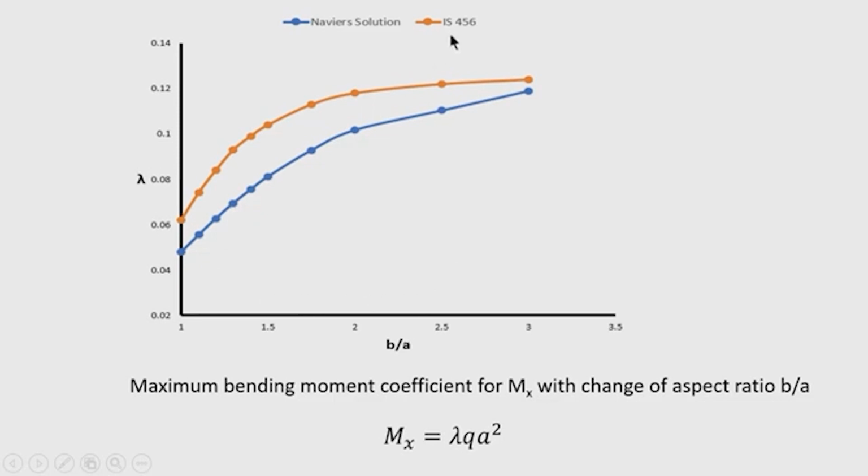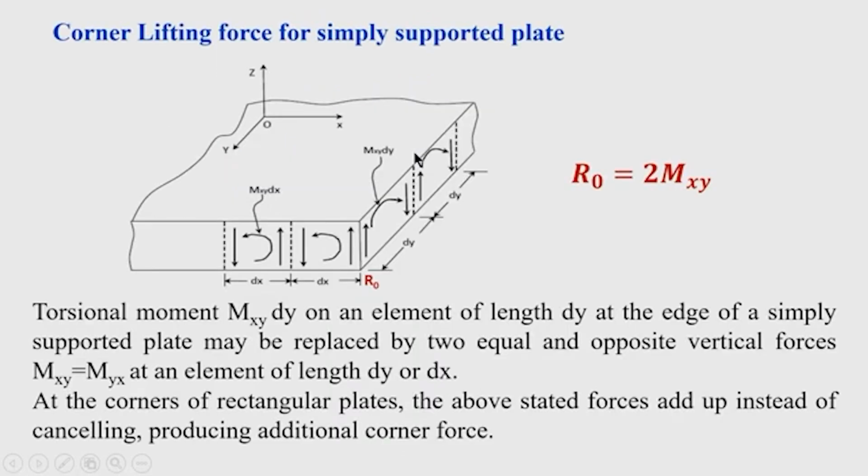But if I take the IS code value, because the Indian Standard 456 has given bending moment coefficients for simply supported slab for different aspect ratios, we can see that IS code values are slightly conservative compared to the exact method used in Navier's solution.